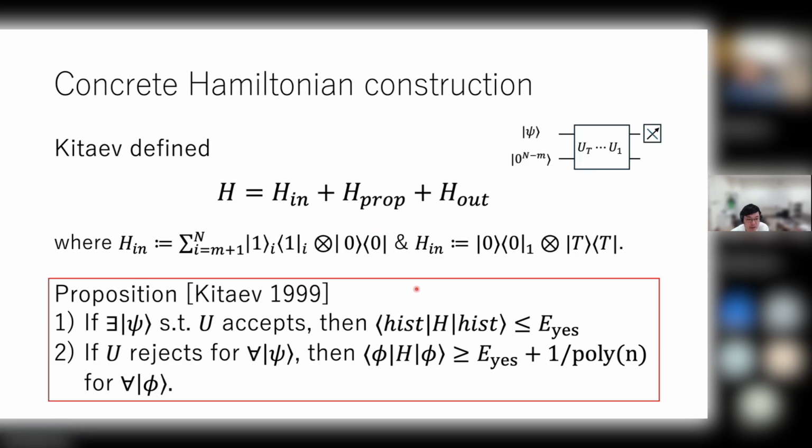And Kitaev shows that for a yes instance, the history state has the ground state energy for the Hamiltonian. And for a no instance, the ground state energy is higher than the yes instance threshold. This implies there exists a promise gap between yes instance and no instance.